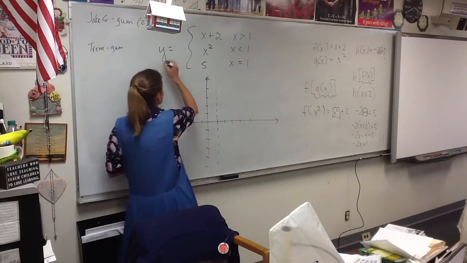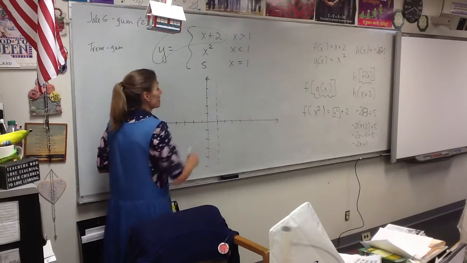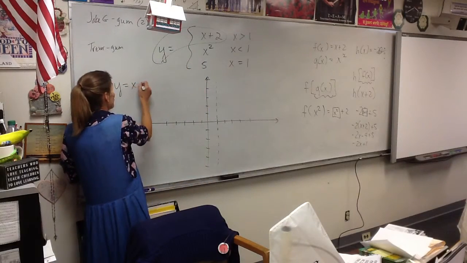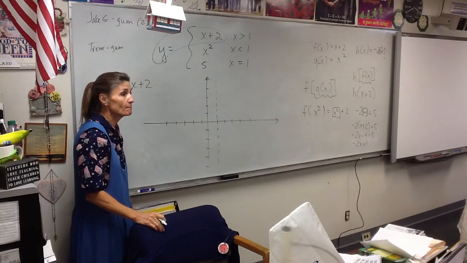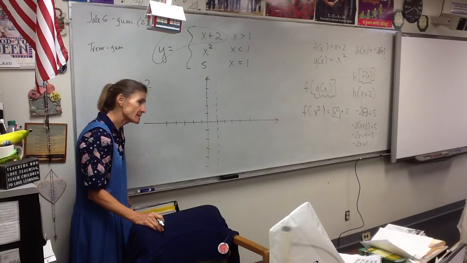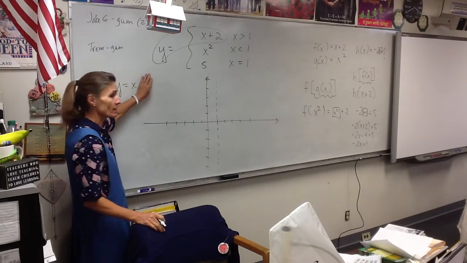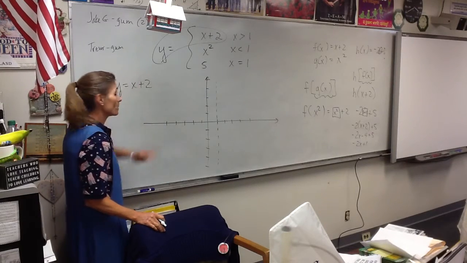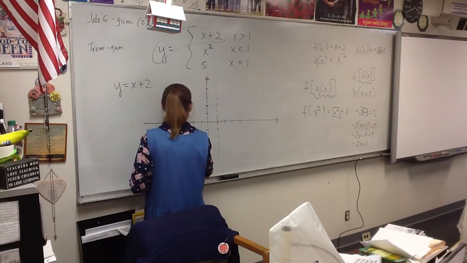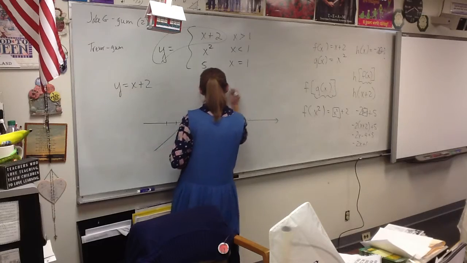Now, let's look at the top line, forget everything else and just look at the top line. It says y equals x plus 2. What shape is that? It's a line. Isn't that your identity, kids? So we're going to pick it up 2. So if I pick my identity up 2, I get this line right here.